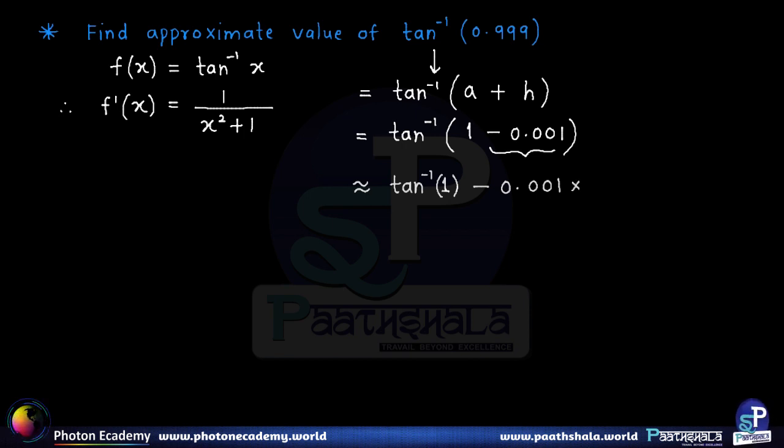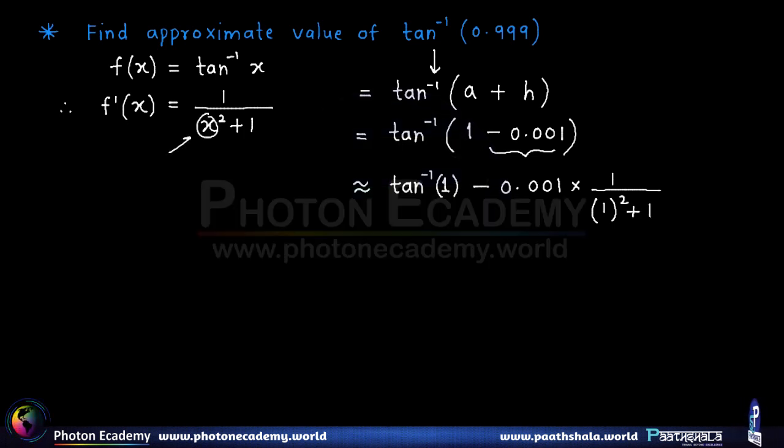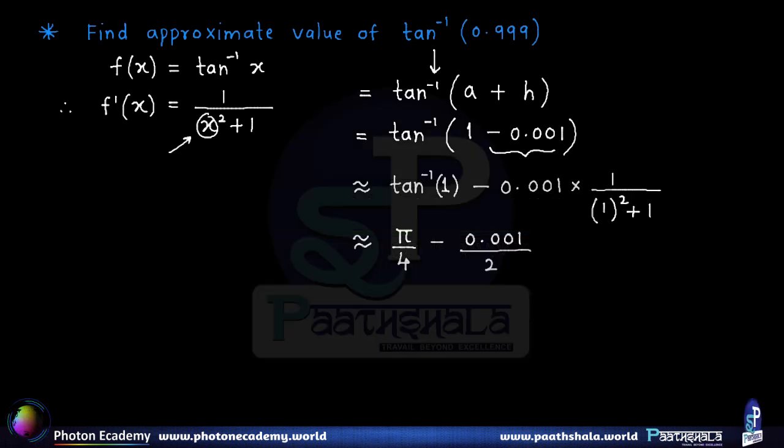So that is nothing but 1 upon 1 square plus 1, because here we have 1 upon x square plus 1. So moving further, tan inverse of 1, we know, is equal to pi by 4, right, minus 0.001 whole divided by 2.